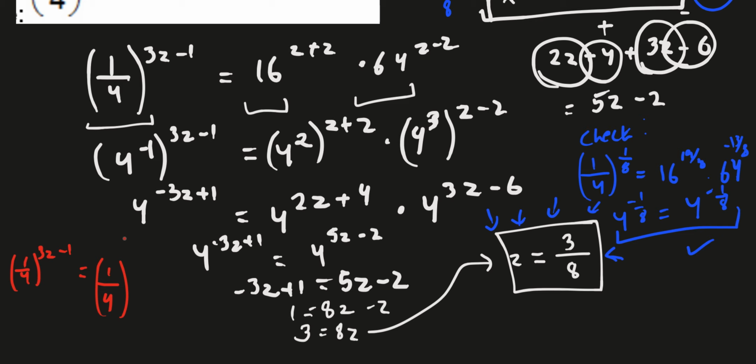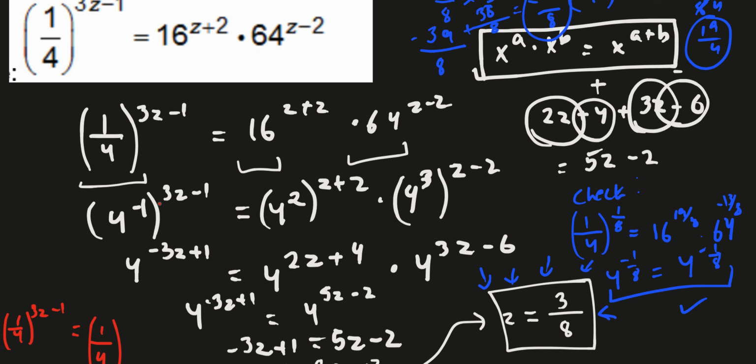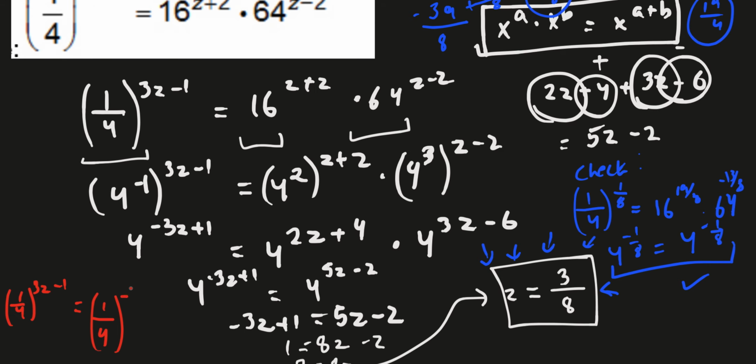Well, of course, it's 4 squared, right? So it's going to be 1/4 raised to the negative 2. That's equivalent to 4 squared. So this is negative 2z plus 2, right?